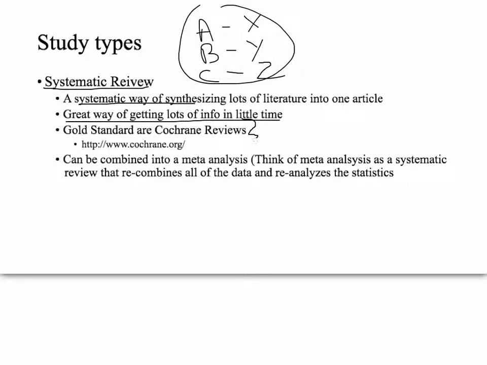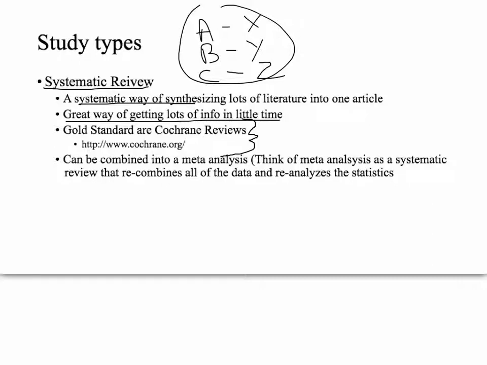And the gold standard for these are the Cochrane reviews. Cochrane is the place that does excellent systematic reviews looking at multiple different studies of multiple different kinds, even analyzing how good those studies are, or how good the study designs are. And they'll say, this study was done, but the study design was poor.